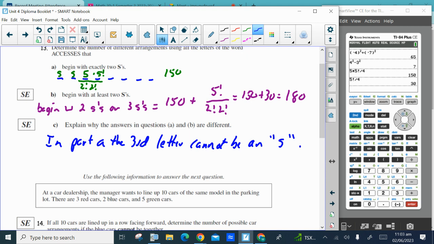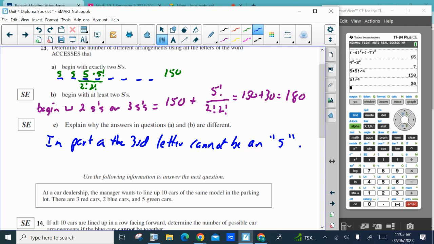I think she was saying you could have just done for part B, instead of doing beginning, you could have just done 6 factorial divided by 2 factorial times 2 factorial. But it's not. So where are you getting the 6 factorial from? What does the 6 factorial represent?